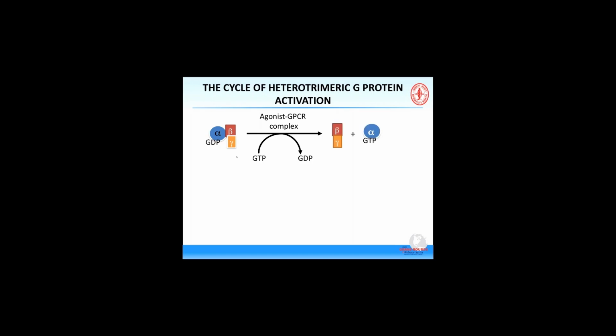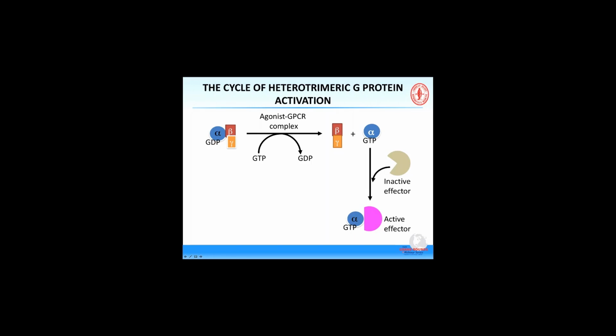As a consequence, the subunits dissociate into an alpha subunit that now has GTP bound to it, and a beta-gamma dimer. Beta-gamma always stay together, they never dissociate. The alpha subunit that has GTP bound to it is an active unit that is capable of finding effectors that may be in an inactive conformation, and we're going to talk about that in a few minutes.